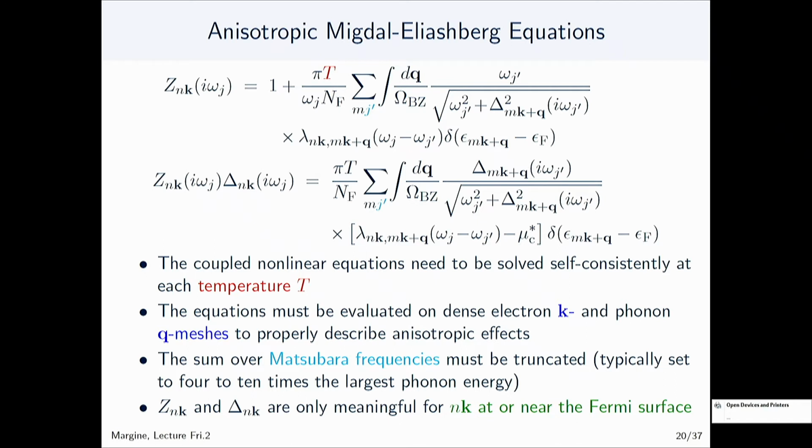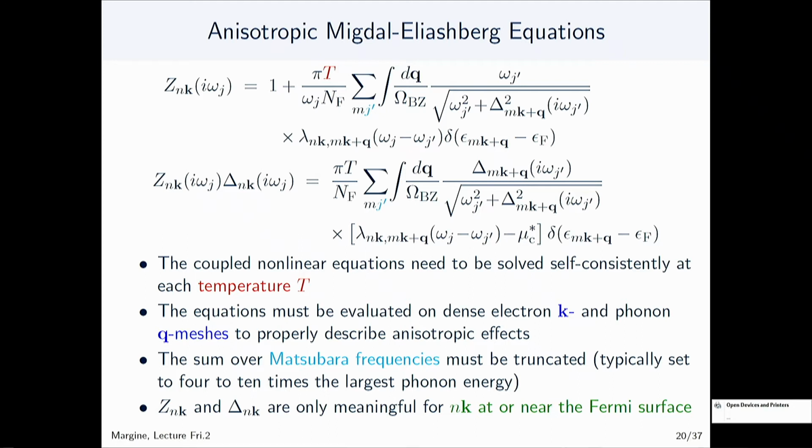And I think I have one more point, which is that you also need to pay attention that Z and delta are only meaningful for states near the Fermi surface. Yeah? In fact, you can calculate them for energy states far away, but you can see that you have a delta function here. So once you go away from the Fermi surface, the delta function is 0.